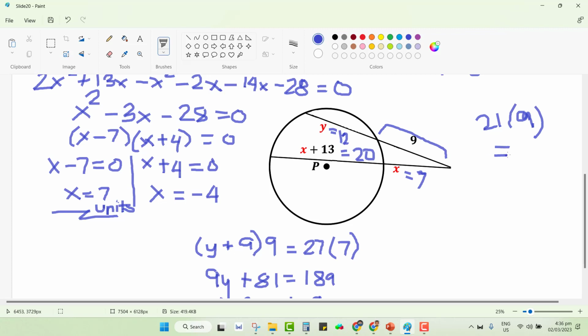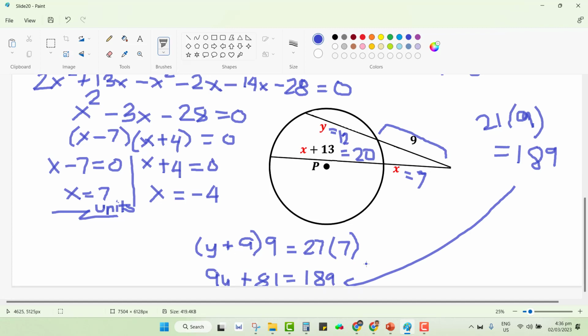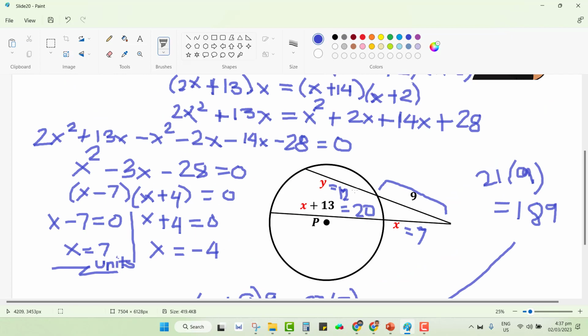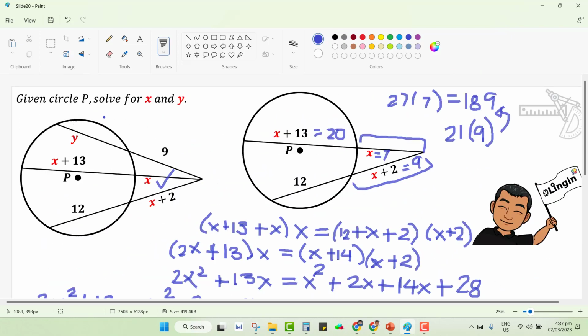It will still result in 189, which is the same as this. So we have now solved y and x by isolating some important segments of the given circle P.